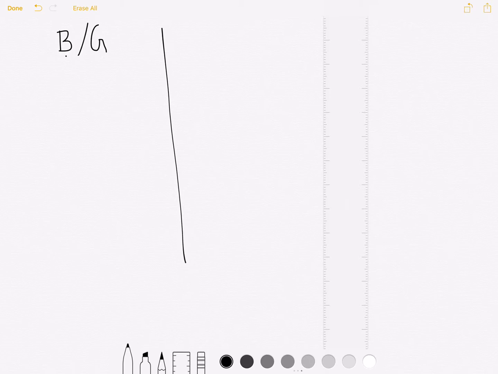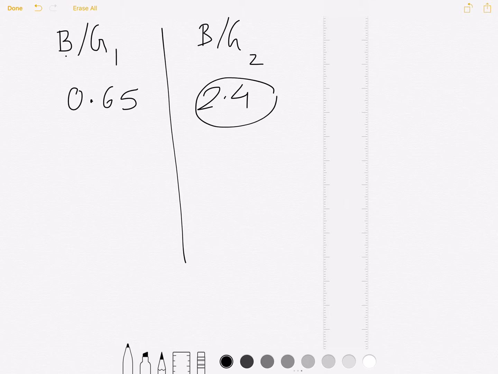So if I have two hypothetical gases, 1 and 2, and one has a blood gas partition coefficient of, let's say, 0.65, and another has a blood gas partition coefficient of, let's say, 2.4, this gas is more soluble than this gas.